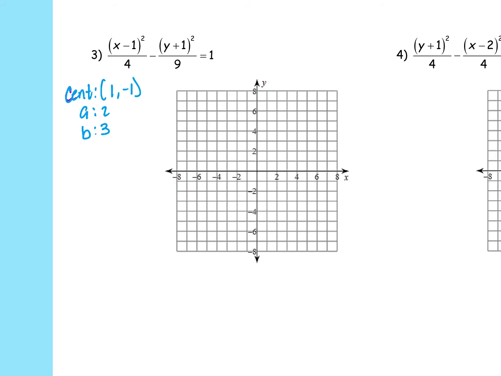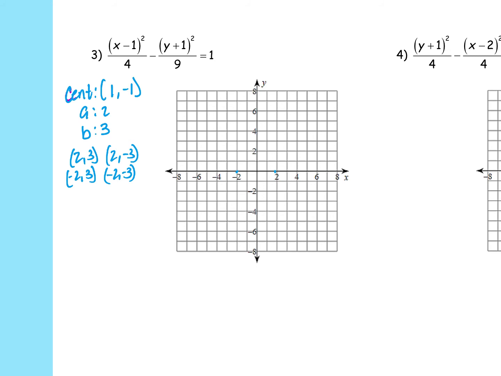So I should have vertices at (2, 3), (-2, 3)... I probably should have put this in here because I'm going to get them wrong here. (-2, 3), (2, 3), (-2, 3), and then (2, -3) and (-2, -3). There we go. Okay.